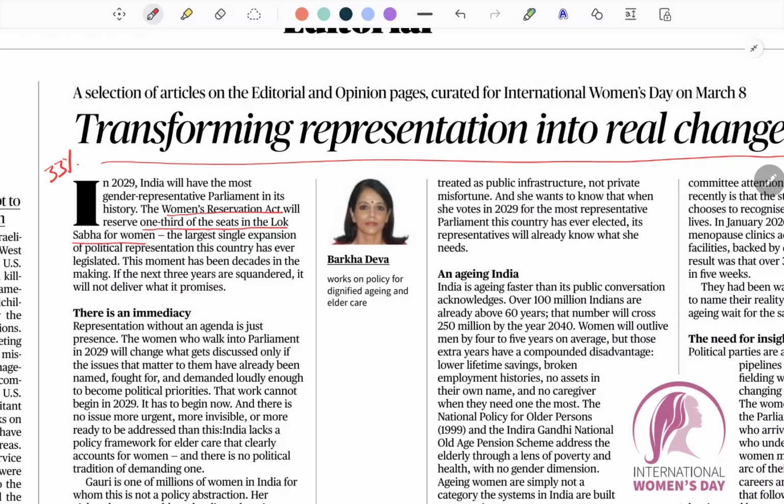So far no law forced political parties to give 33% of their tickets to women, but now the Act is forcing that. When they get elected, women's representation in parliament will increase. On the occasion of International Women's Day on March 8th, this article says that with 33% representation from the 2029 elections, women are empowered by the increased representation.